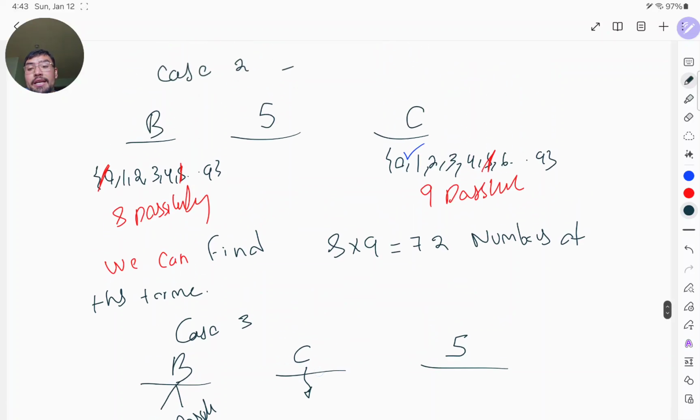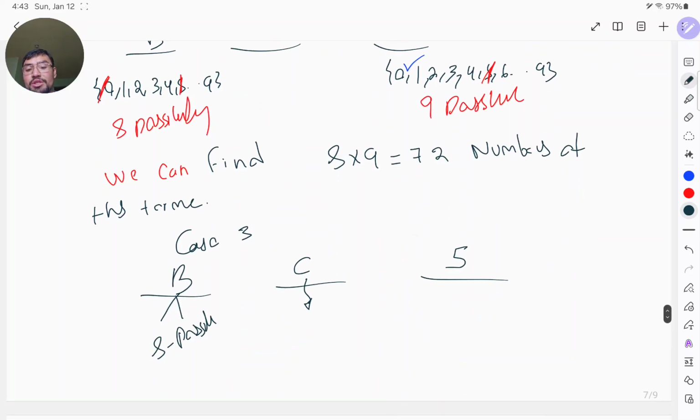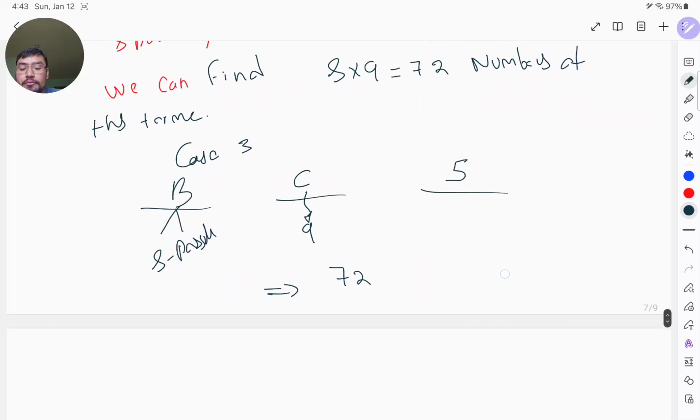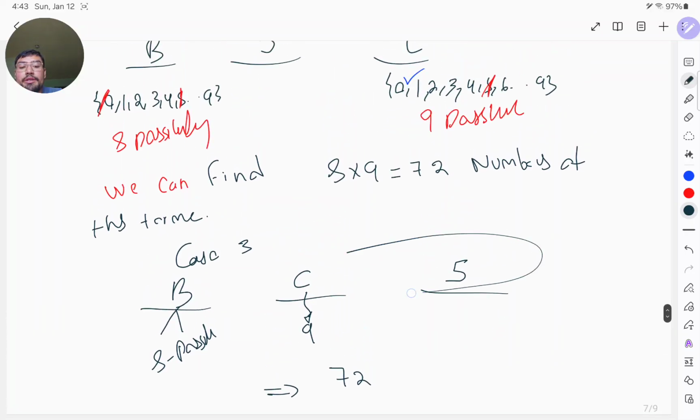So c can be chosen in 9 ways, and hence in the third case we also have 72 possible numbers of this form.